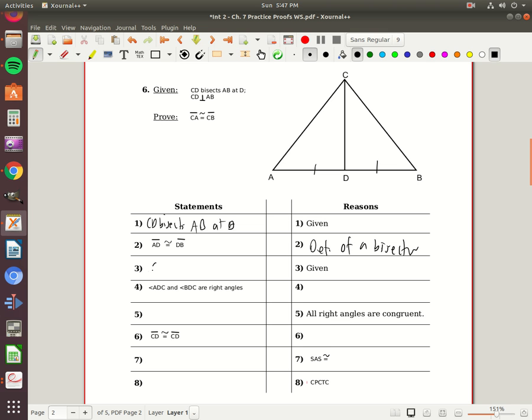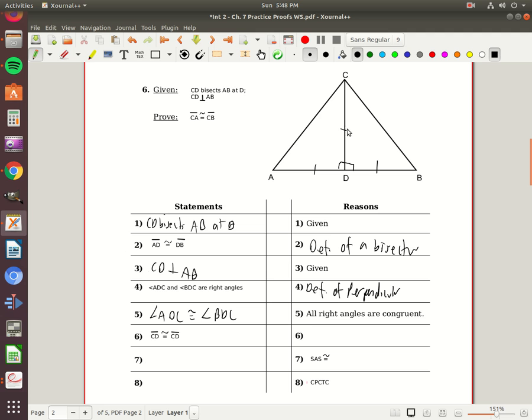Now I know that CD is perpendicular to AB, that is given, and I can say that ADC and BDC are right angles. That is the definition of perpendicular. All right angles are congruent. I guess I can say angle ADC is congruent to angle BDC.